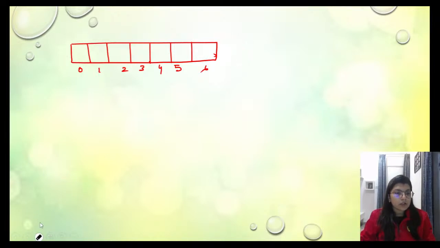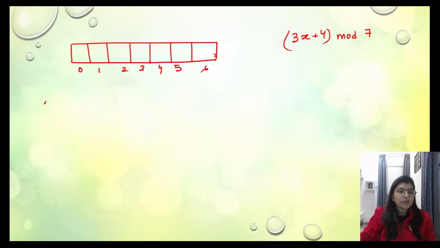Then they have given you a mod function. They are saying that the function is (3x + 4) mod 7. And then you have to insert values: 1, then 3, then 8, and then 10. So these are your values of x.